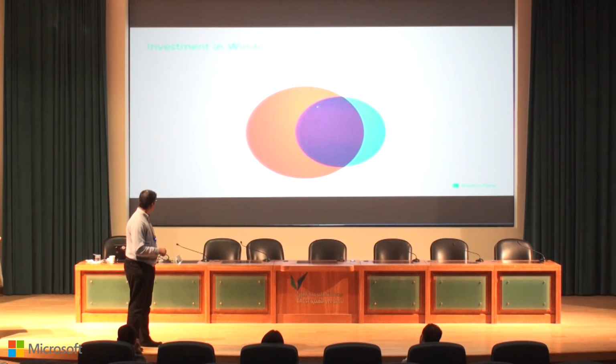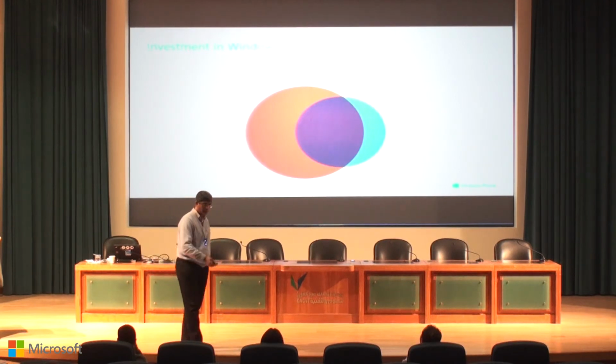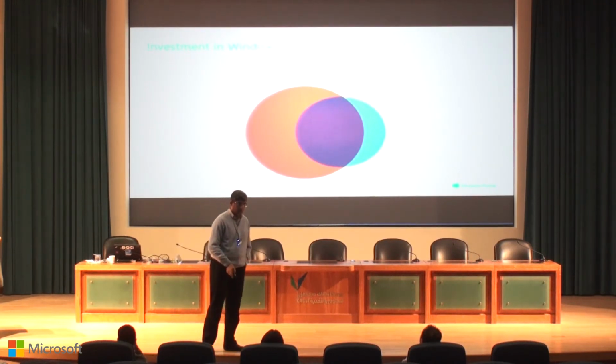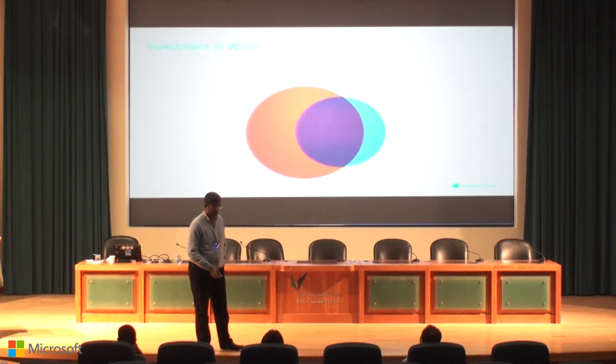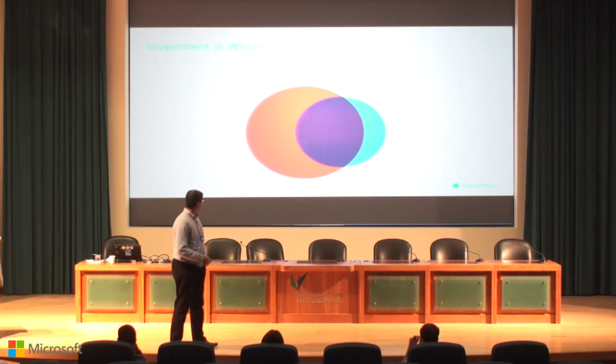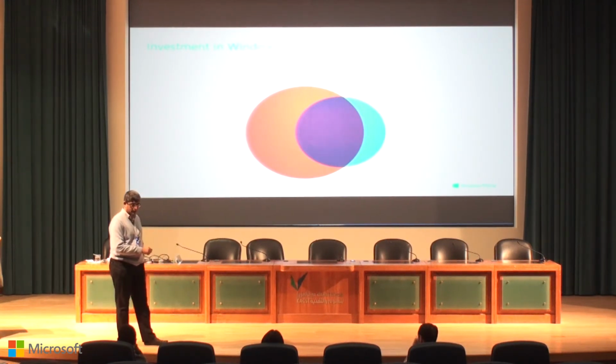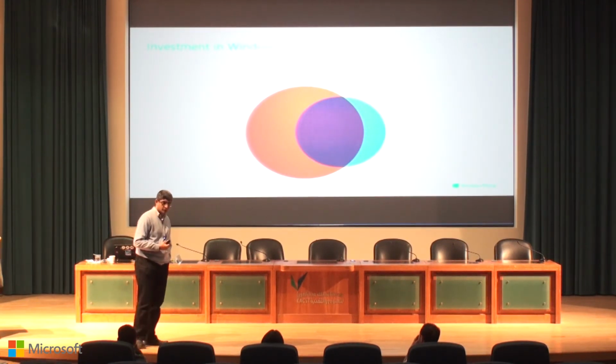There are some APIs in Windows 8 that don't make sense in Windows Phone. But there are some APIs that were added to Windows Phone specifically, like speech recognition and messaging, which are not there on Windows. Right? So this cross section of these APIs is what we are interested in.